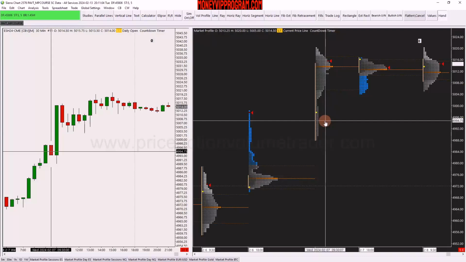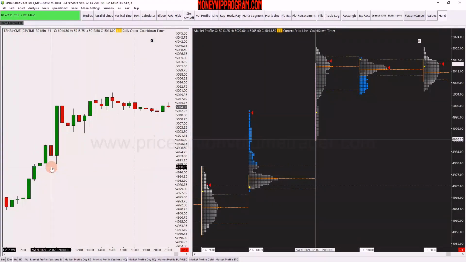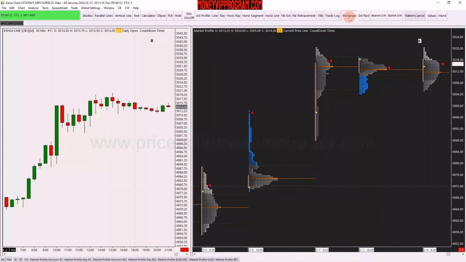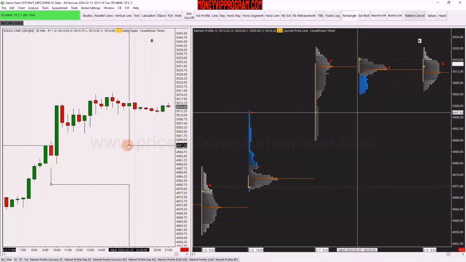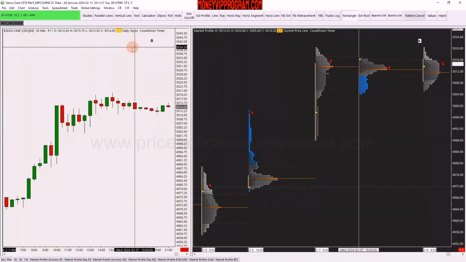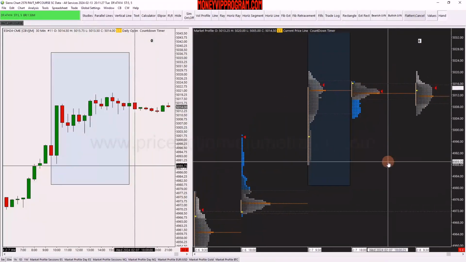So for this candle, if we go to the time chart here, and let me grab a rectangle tool, you can see we started the 9:30 candle, and I'm just going to push this profile all the way until basically 5 o'clock, and we have it right there.